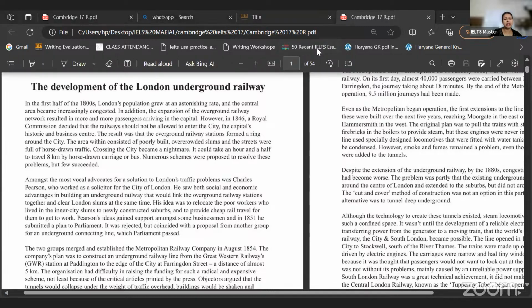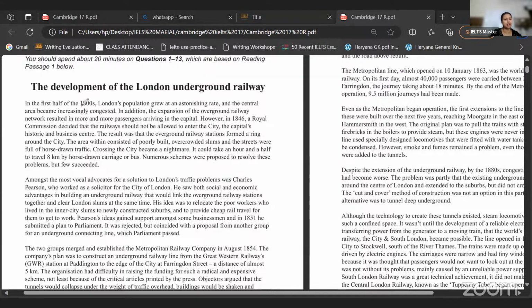They have written, in the first half of the 1800s, London's population grew at an astonishing rate. London's what? London's population. So what will be the answer? The population of London. Anything that we write with an apostrophe means of. For example, people's means people of, cities' means cities of. Are you getting it?